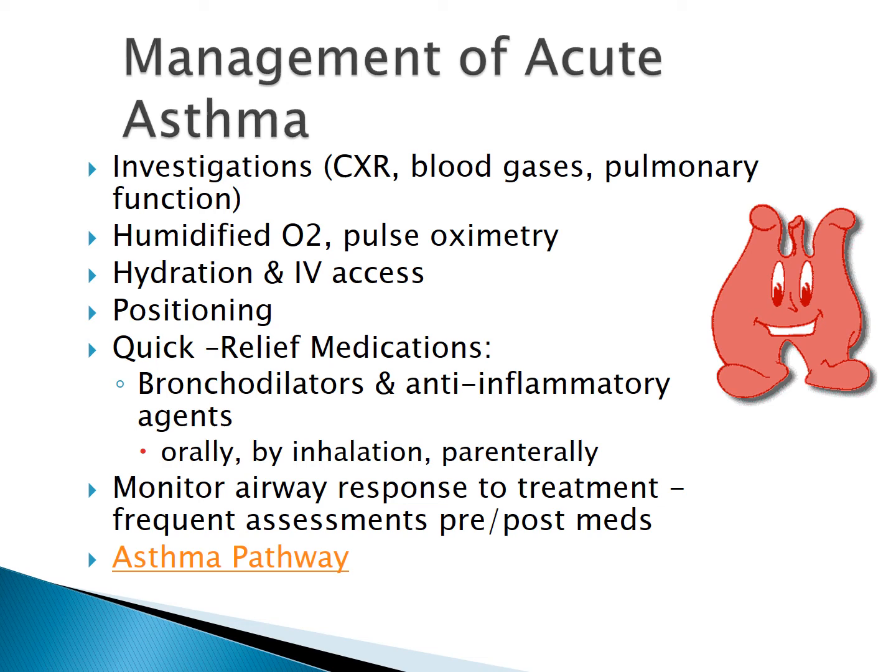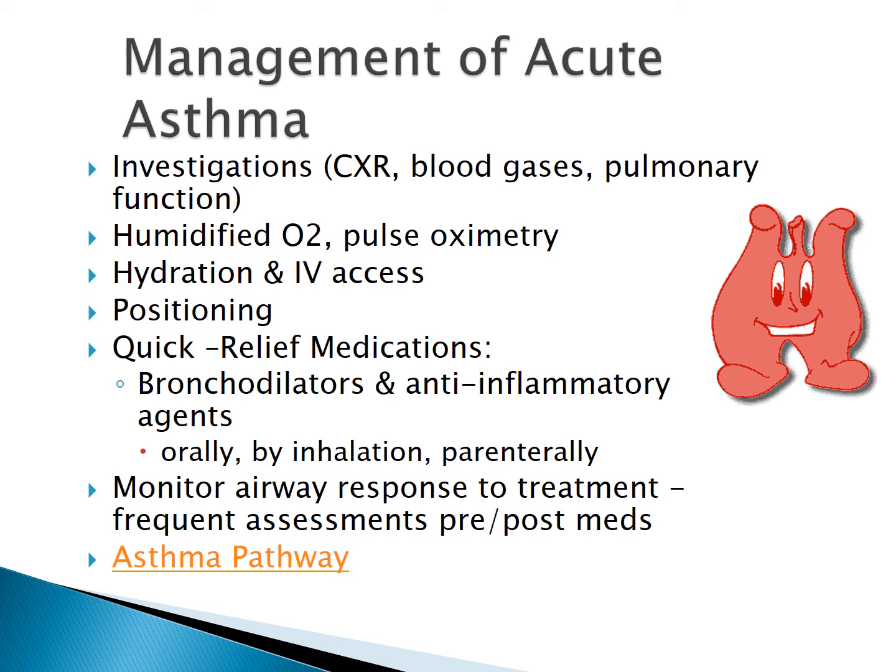There's a link here to the asthma pathway. So the asthma pathway is an objective tool used to assess a patient or child with asthma and to be able to decide on frequency of assessments and frequency of medications.